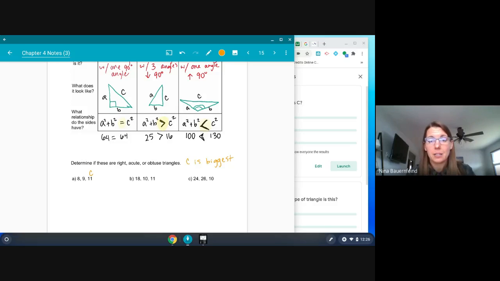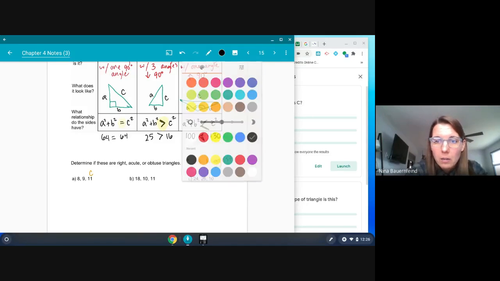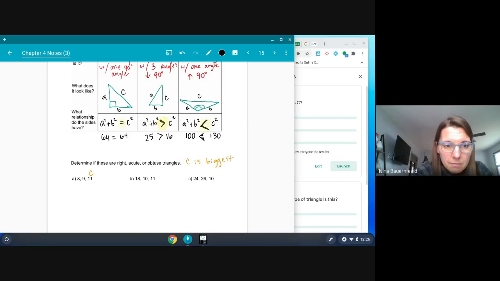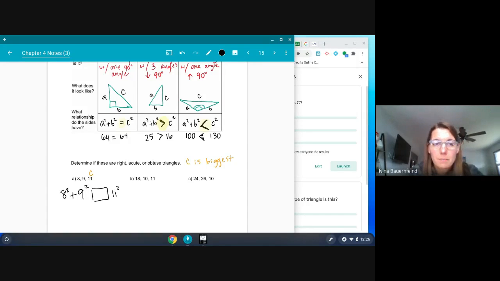That is automatically C. And then we say, okay, 8 squared plus 9 squared. Then I put a box here because I don't know what the relationship is. That's what I'm trying to figure out. And then we have 11 squared. We need to compare those. So remember, if it's right, it's going to look like this. If it's obtuse, that's the symbol. And if it's acute, it's that symbol.